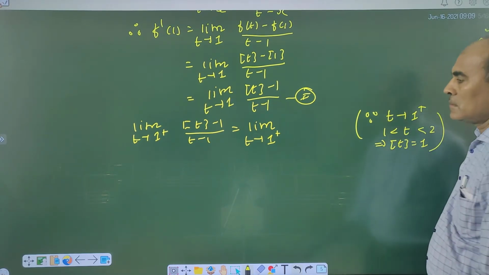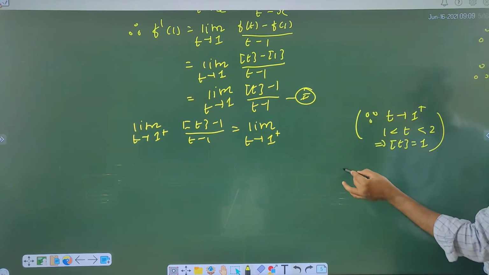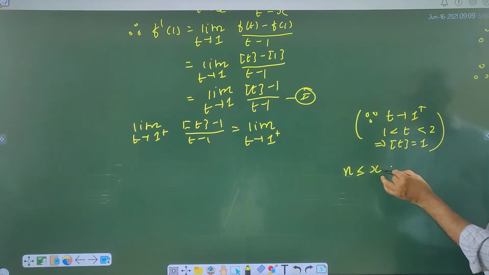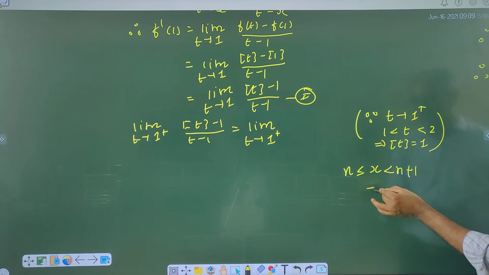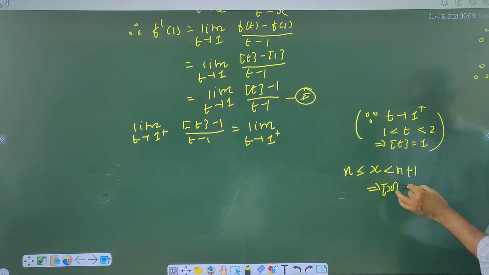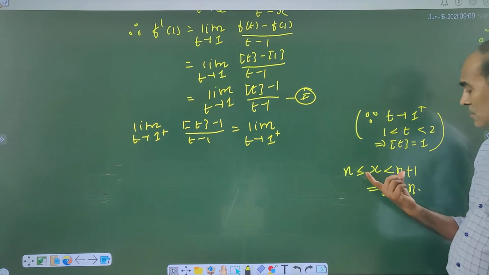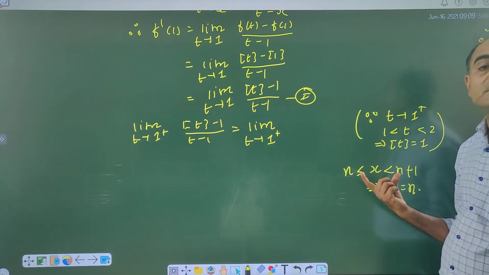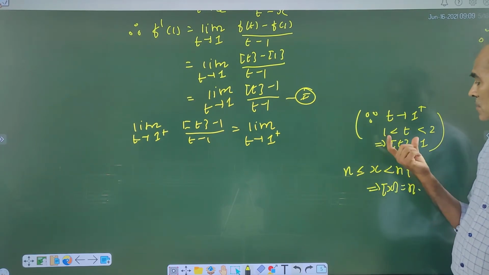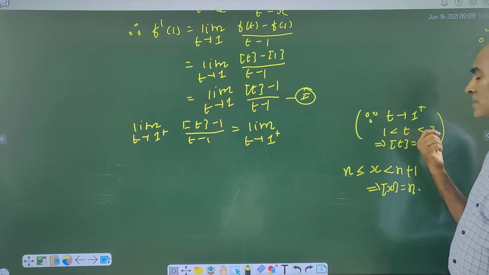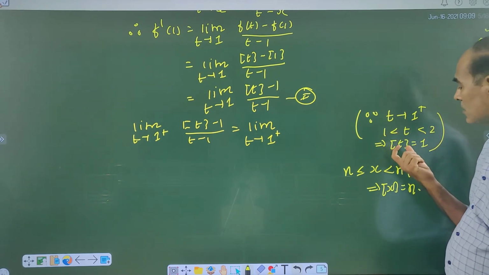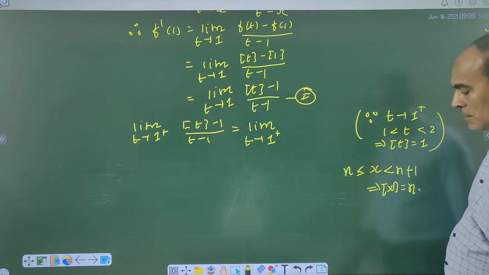Because we know this result: n less than or equal to x less than n plus 1 implies integer part x is equal to n, for all n belongs to Z. These two integers should be successive integers. So here 1 less than 2, definitely we need to add 2, so that integer part t is equal to 1.